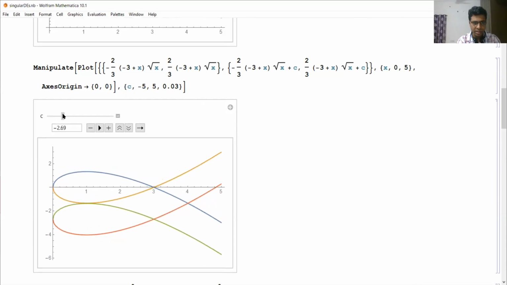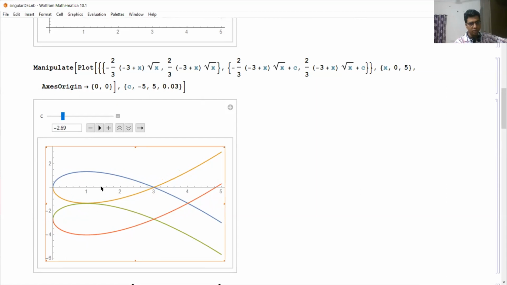We can see that if the value of c is minus 2.69, then these curves touch each other. Okay, so this point is important. This collection of these points forms the tac locus. So these two curves touch at this point.